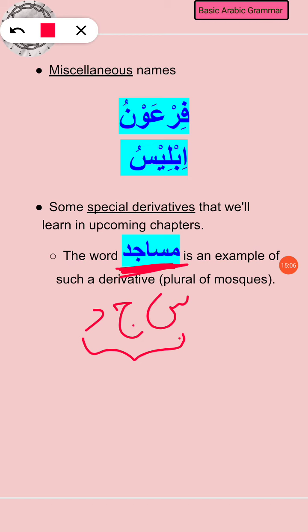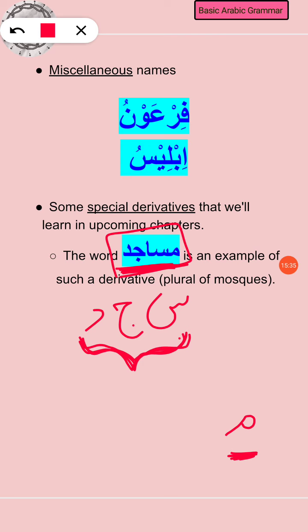So one of the ways of making such derivatives is to fix these root letters in that pattern. So for example, if we have sajada, this is already the part of the mold in which we are going to put these three letters.